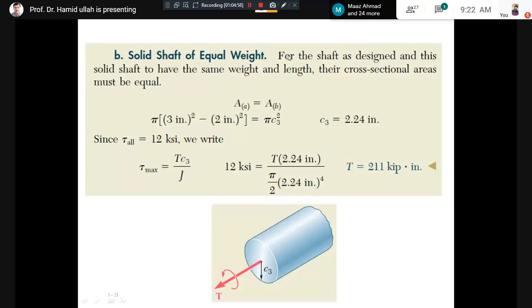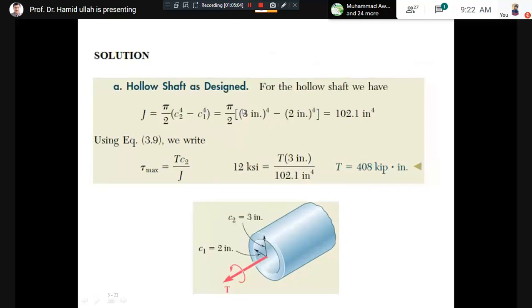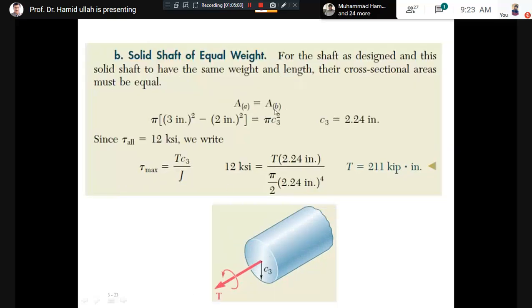You will be left with the cross-sectional area of shaft A, the given one, the previous one, equal to the cross-sectional area of shaft B, this second shaft. The radii of the previous are already given, 3. For this one, the radius is c3, which I want to find out. So one equation, one unknown, and you can calculate c3.